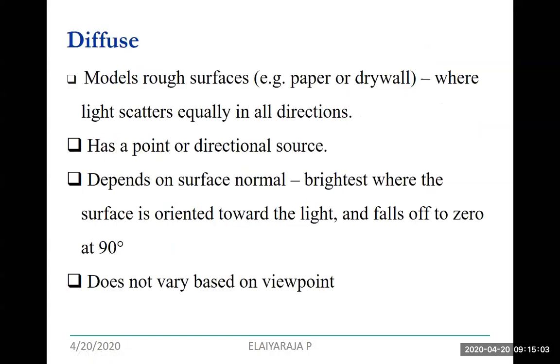Next, about diffuse. The light rays hit the surface and the surface absorbs the light rays, which means the light rays are completely diffused over the surface. It models a rough surface, for example paper or drywall.